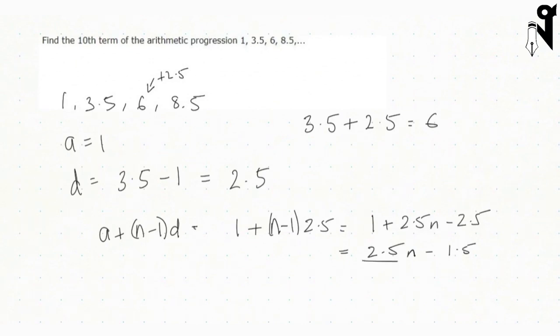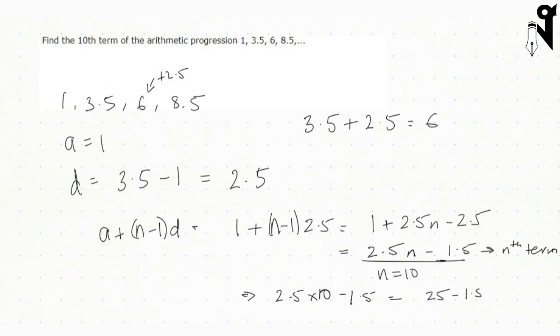So now I have the nth term. In order to get the 10th term, I just have to substitute n as 10. This gives me 2.5 into 10 minus 1.5. That is 25 minus 1.5, which is 23.5. So this is the answer, the 10th term.